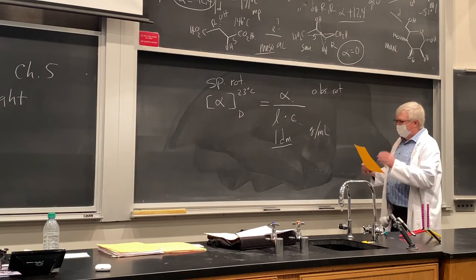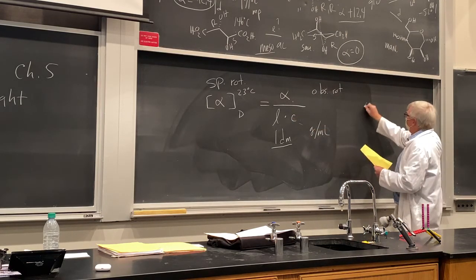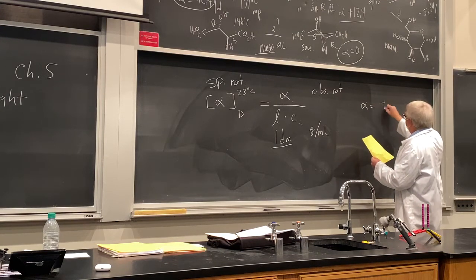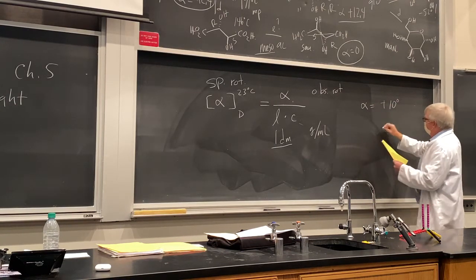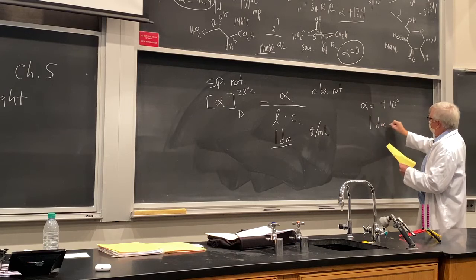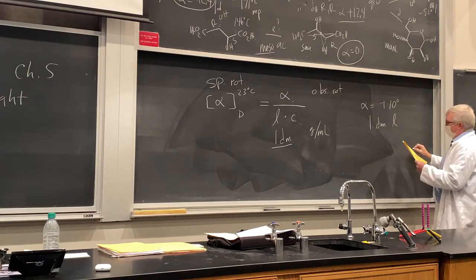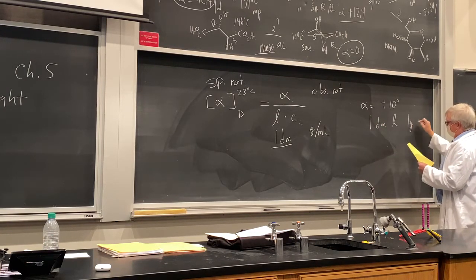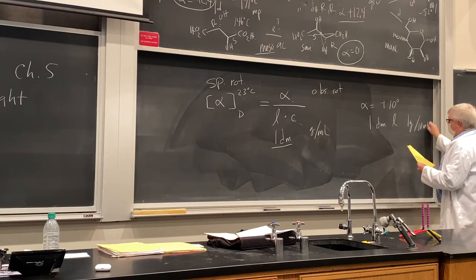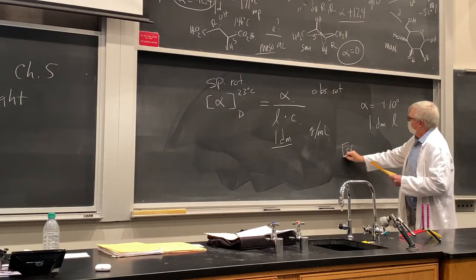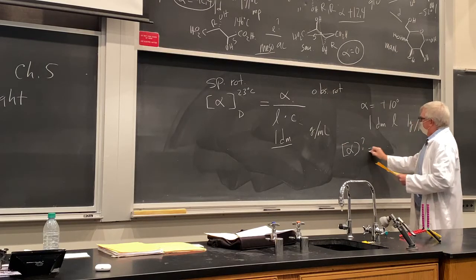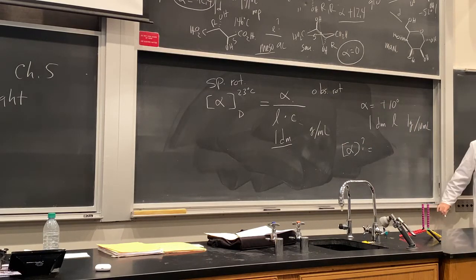All right, the calculations will be simple here. Let's say we have an observed rotation of plus 10, okay, it's a 1 decimeter tube, and there's 1 gram in 10 mils. What is the specific rotation? So I think you could set up the equation and do it simply without dealing with a calculator.